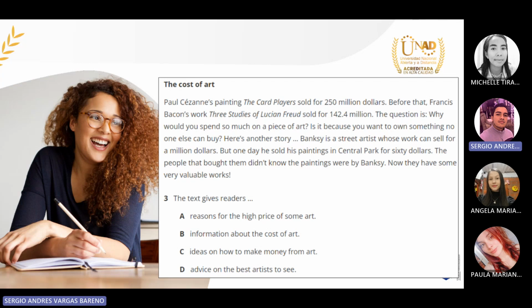Because, say, maybe information about the cost of the art, but yeah, maybe that's a good option because we have different prices of the paintings.